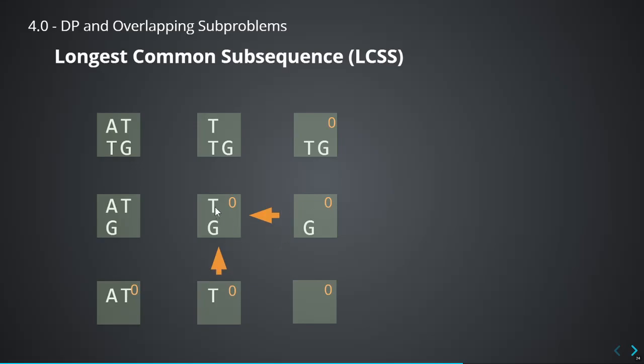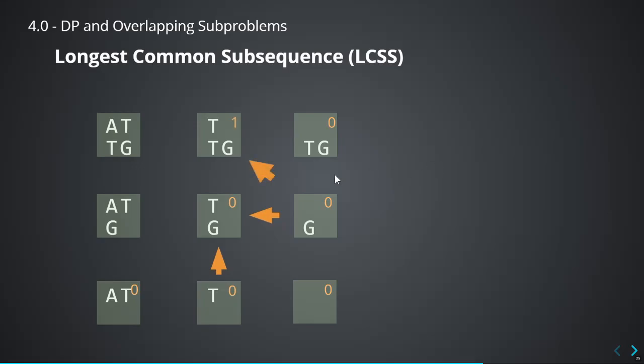Well, if you have the string T and the string G, they don't match, right? So you get two options. Either you remove T and you see what you're gonna get in return, or you remove G and you work out what you're gonna get in return. You try these two different cases. So you break it down into small subproblems, go down, go to the right, and then you go back. You pick which one gives you the better answer.